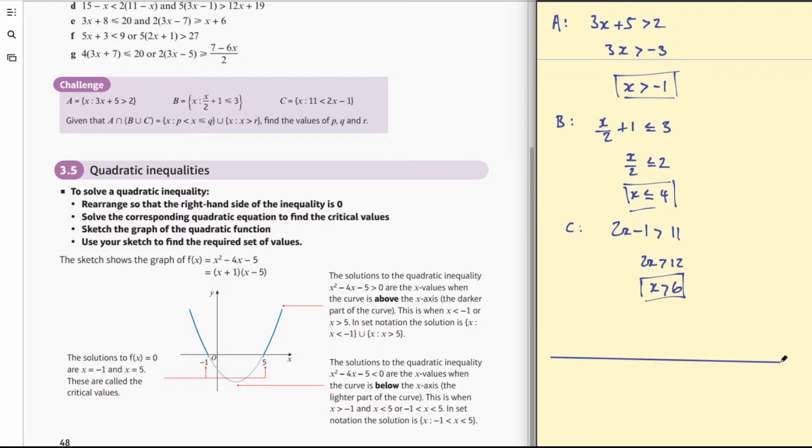So possibly a number line is the easiest way to think about this question. Greater than 6 is this way. Less than or equal to 4 is this way.